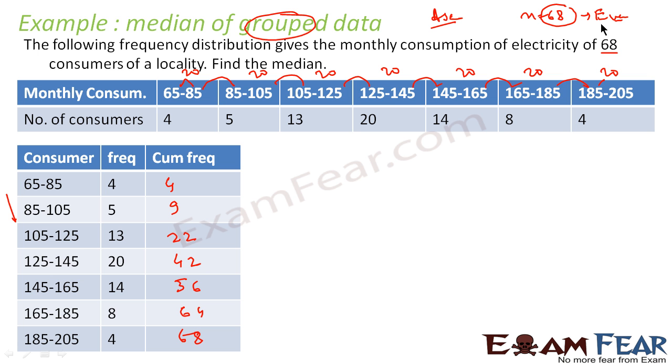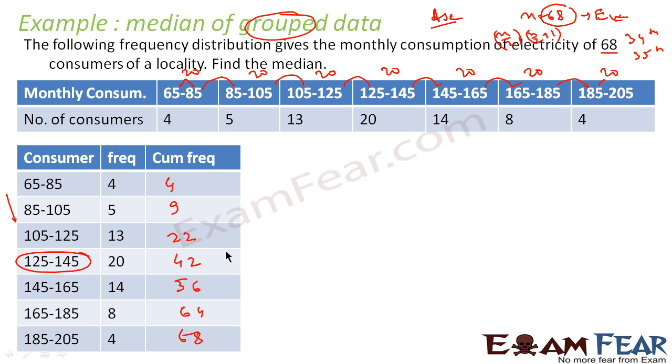Correct? So in this case the median class will be the place where the n/2 and (n/2 + 1) values lie. n/2 is how much? 68 by 2, that is 34, and n/2 plus 1 is 35. So the 34th and 35th, if you see, both lie in this class. Correct?